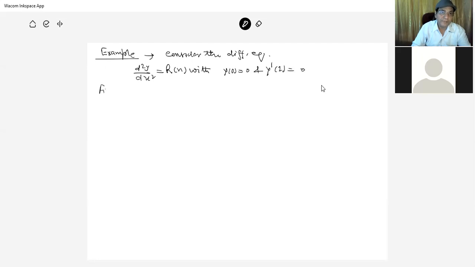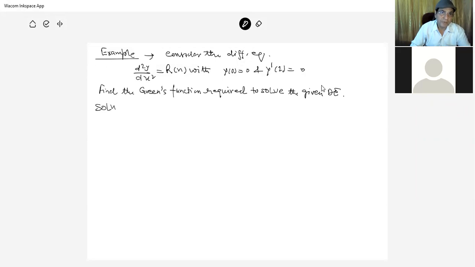So find the Green's function required to solve the given differential equation.